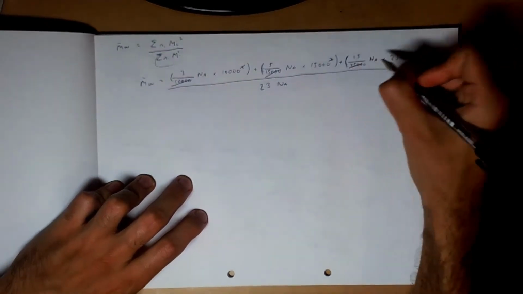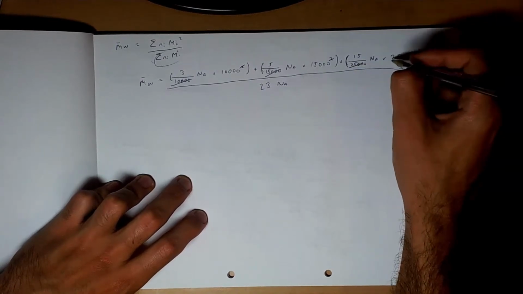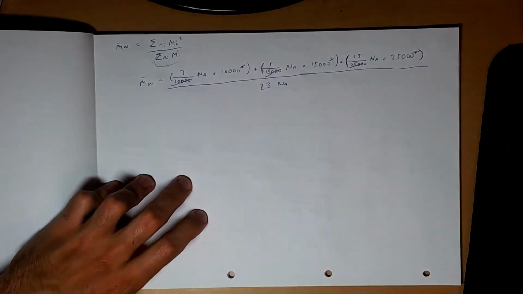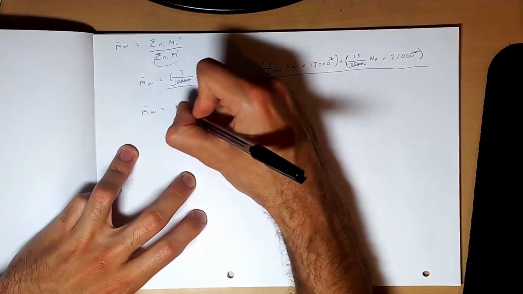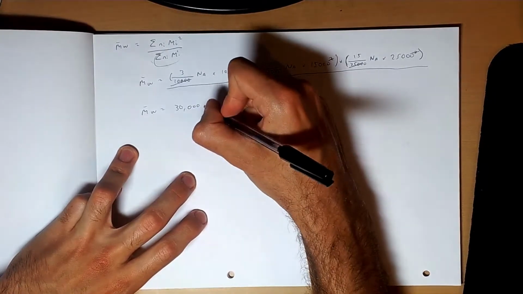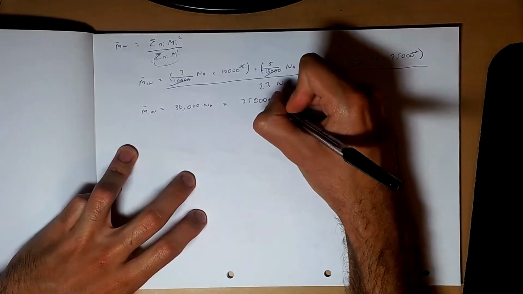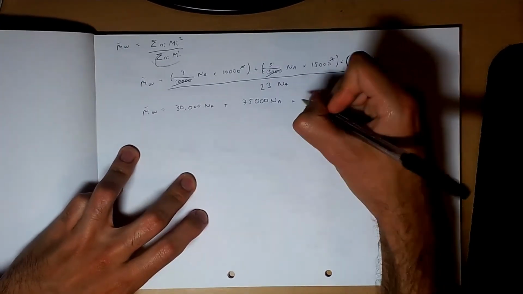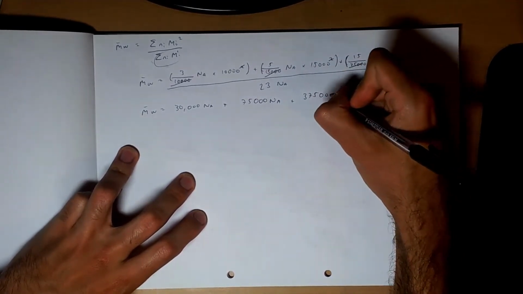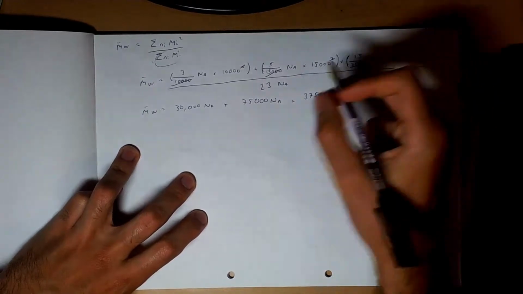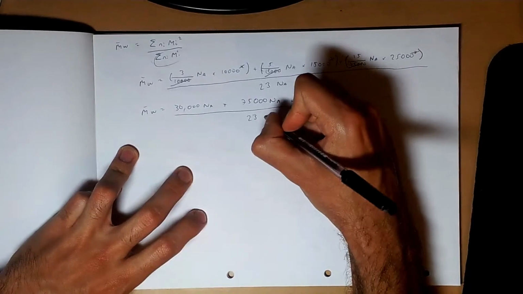Do this for each one, and essentially we would have 15 times 25,000 times Na, and that would give us 30,000 Na for the first term plus 75,000 Na for the second plus 375,000 Na for the third, and this will be all over 23 Na.